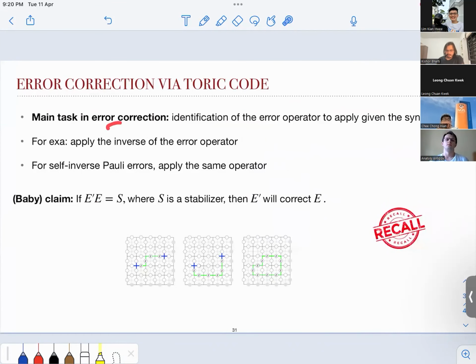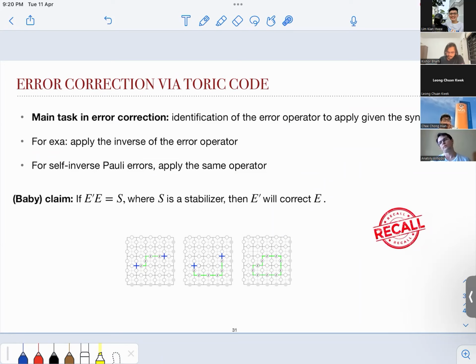So in error correction, your goal is to identify the error operator to apply given the syndrome. And what is a syndrome? The syndrome is basically the value that you get when you measure your stabilizers, if you remember from the last tutorials. You can apply the inverse of the error operator, that's fine, and for a self-inverse Pauli operator, you can apply the same operator, because Pauli squared is identity.